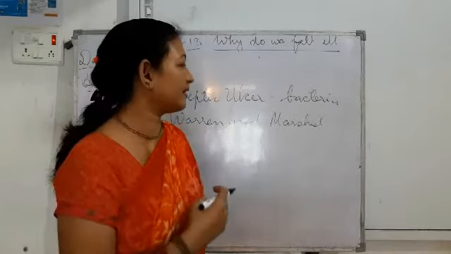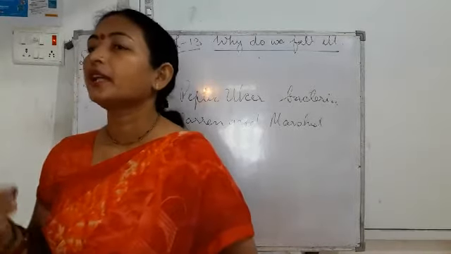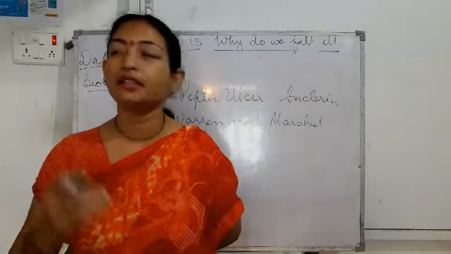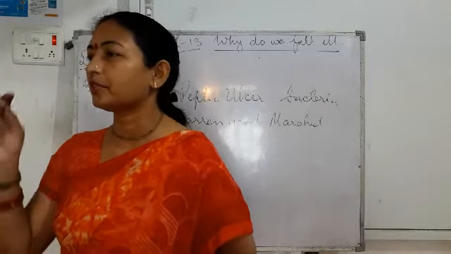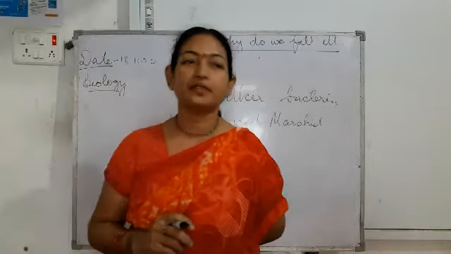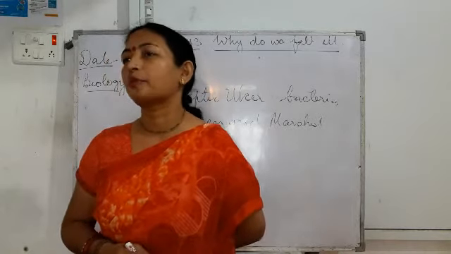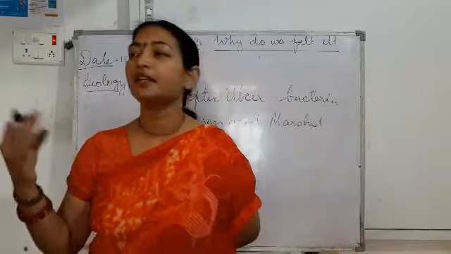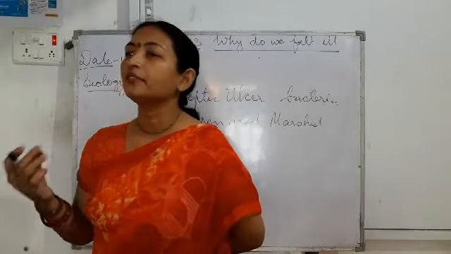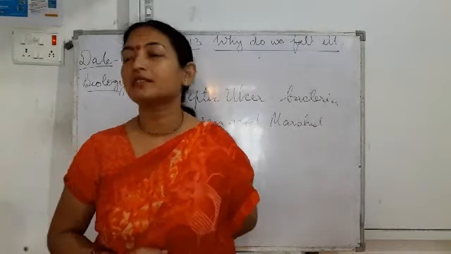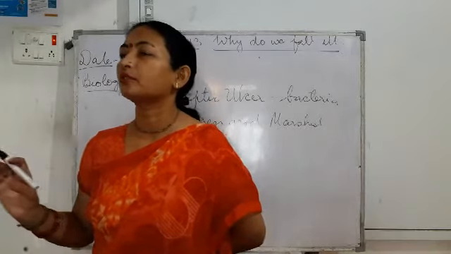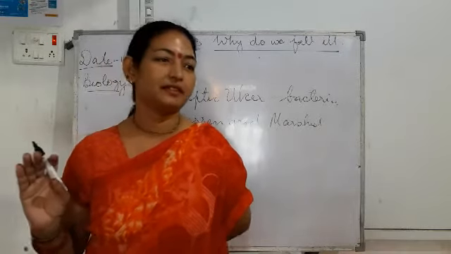So when the scientist Warren studied the lower part of the stomach, he found that some bacteria are present in the human beings who were suffering from peptic ulcer. Then he studied and cultured this bacteria, and found that peptic ulcer was caused due to bacteria, not because of stress or acidity.